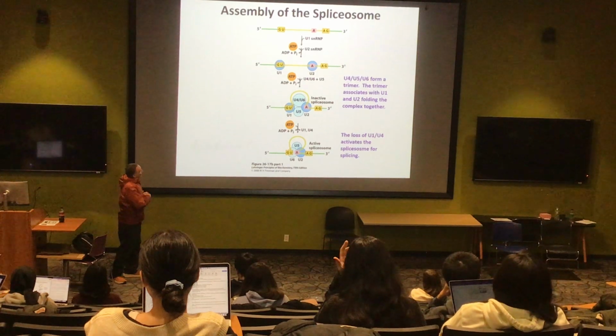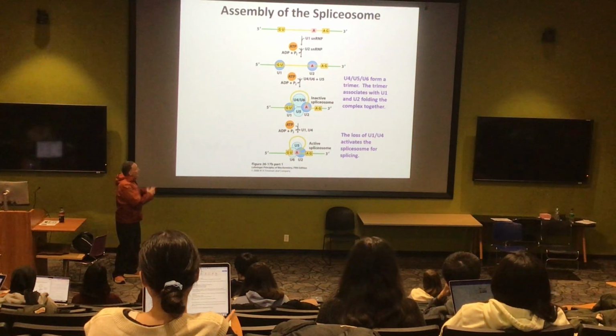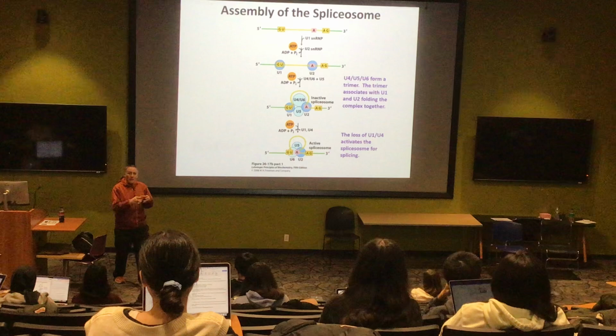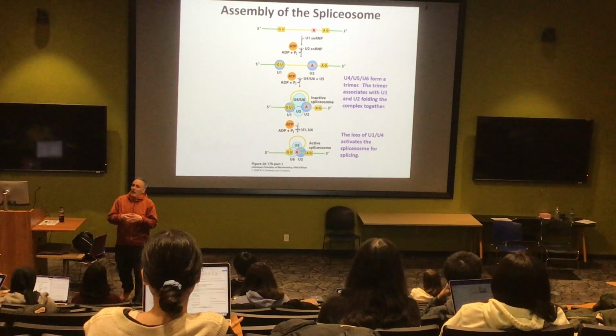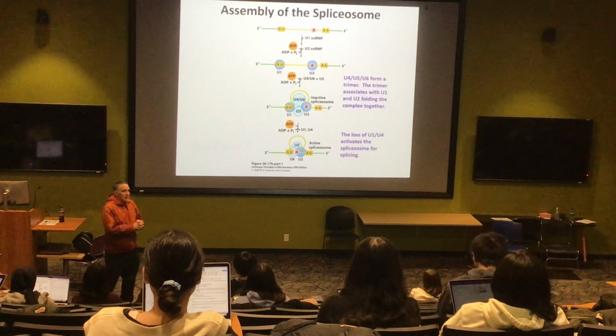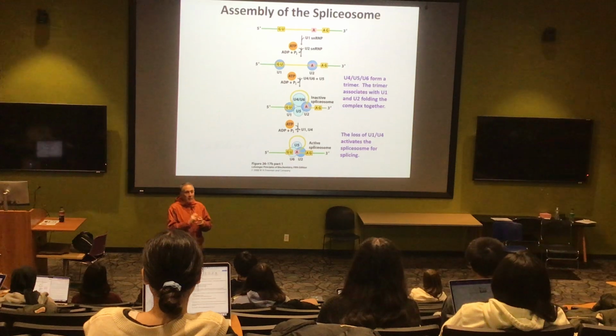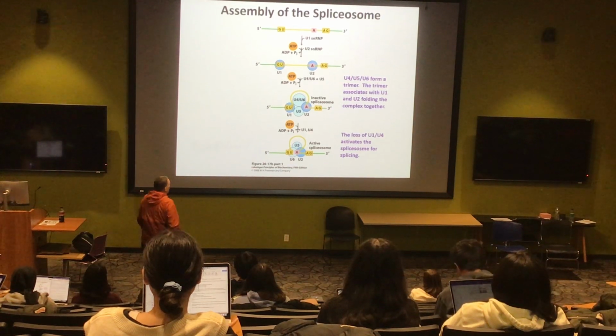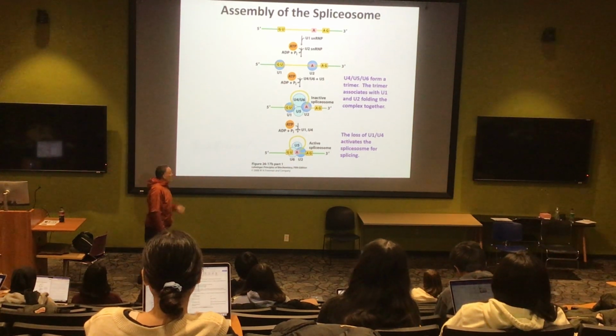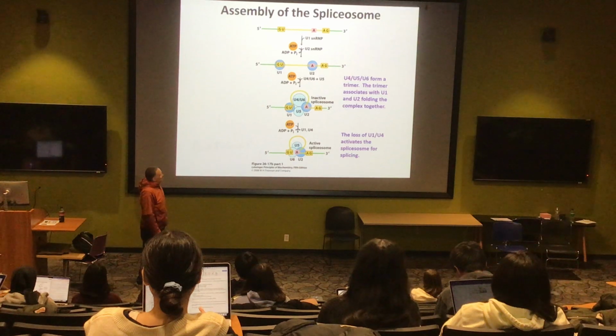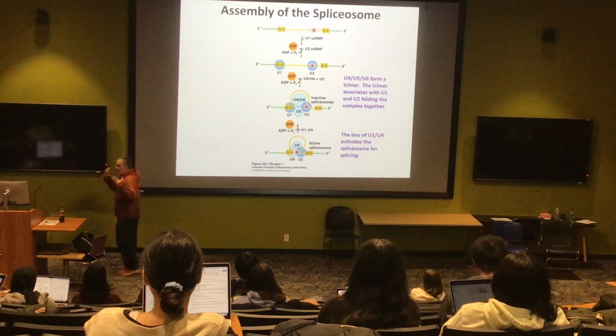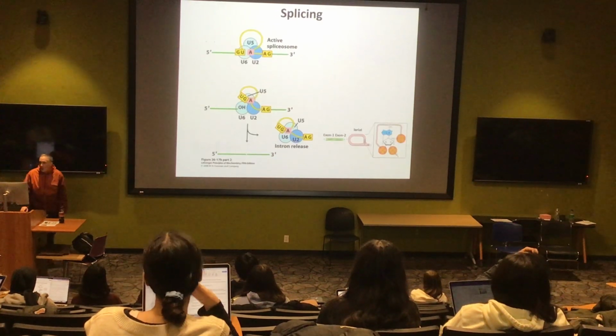We can see through the process how proteins are coming in, driving those sequences that are far apart in sequence but are now close in space to properly position the 2' hydroxyl group on the A close to the end of the exon. At some point, we have an active spliceosome, so the chemistry can actually happen. This requires the loss of some protein components.